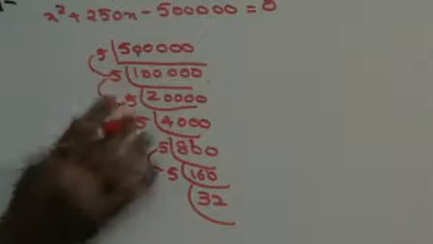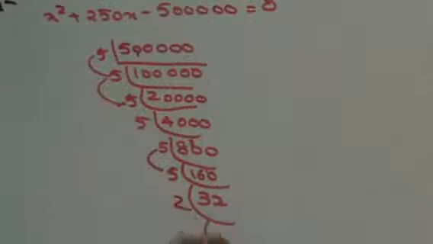5 5s are 25, 25 5s are 125. Let's put the 2s here. That'll make things simpler. Let's see this. 5 5s are 25, 25 5s are 125, and 2 2s are 4, 4 2s are 8, 25 8s are 200.